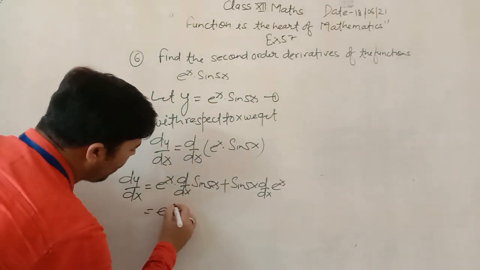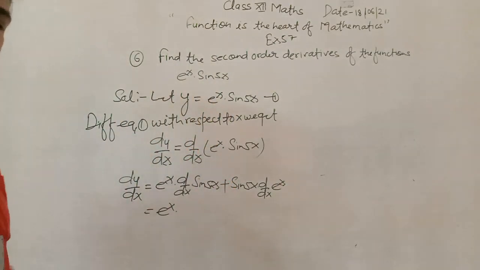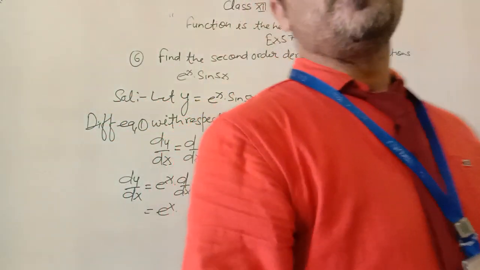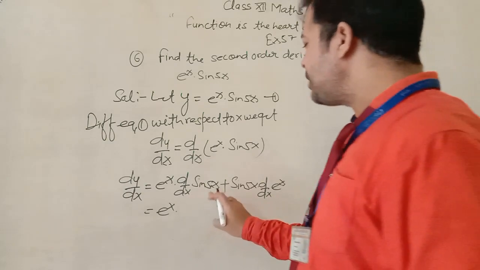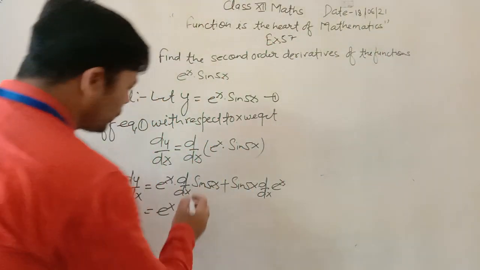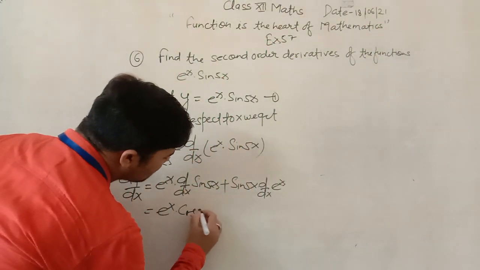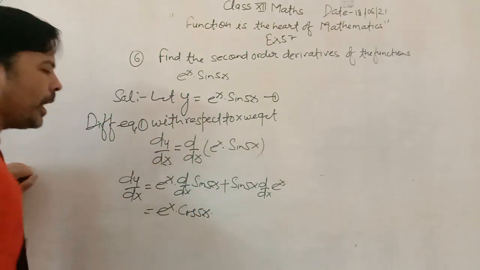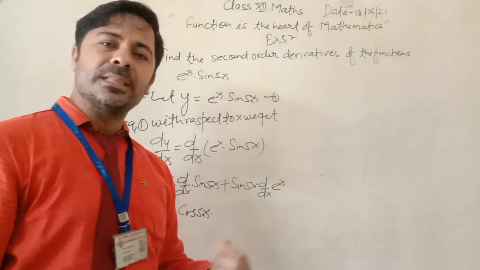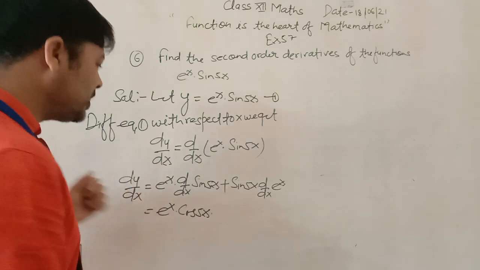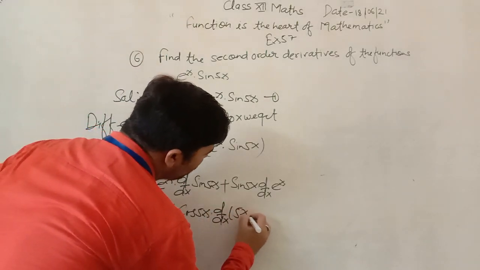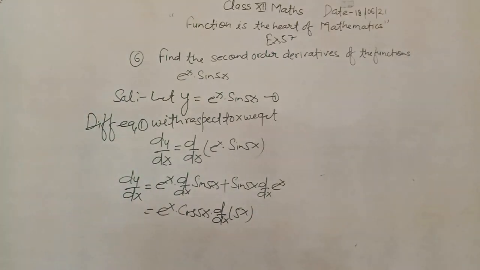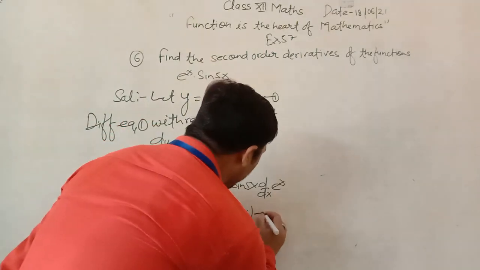So it is e to the power x. You know that d by dx of sin x is equal to cos x. Here d by dx of sin 5x is given, so it is cos 5x, but in place of x it is 5x. So student, you have to use the chain rule. This is d by dx of 5x, plus sin 5x.